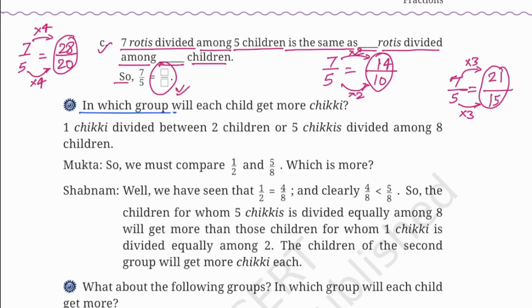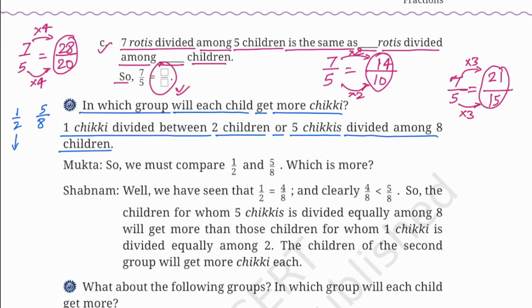In which group will each child get more chickie? One chickie divided between two children or five chickies divided among eight children. In first case, the share is 1 upon 2. In the second case, the share is 5 upon 8. To compare, you have to make the denominator same.